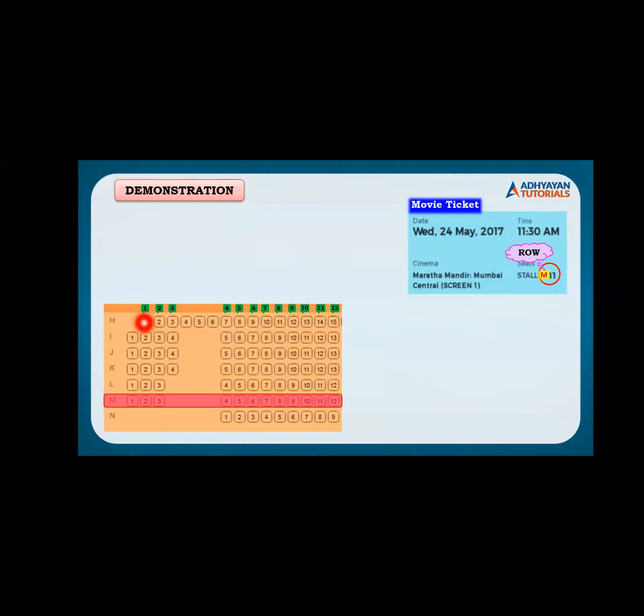You can see the numbering here: 1 2 3 4 5 6 7 8 9 10 and 11. So the 11th column, that I'll be highlighting, right? So the point of intersection, which is right here, children, this point is nothing but our seat. So in order to locate the seat in this system, I needed two pieces of information.